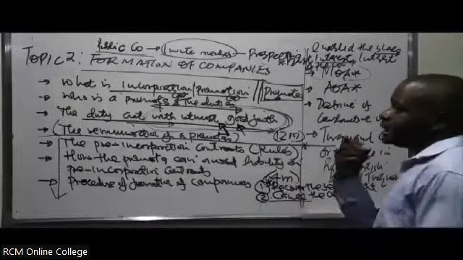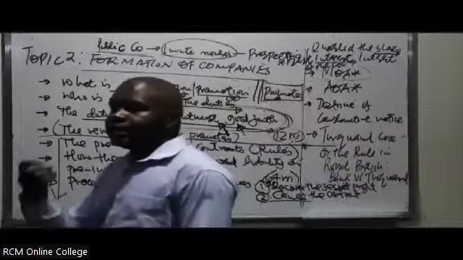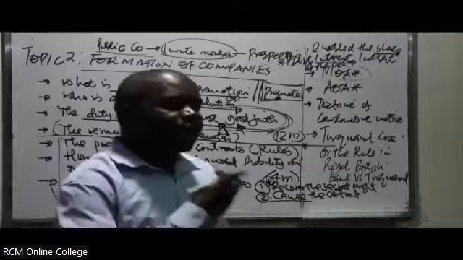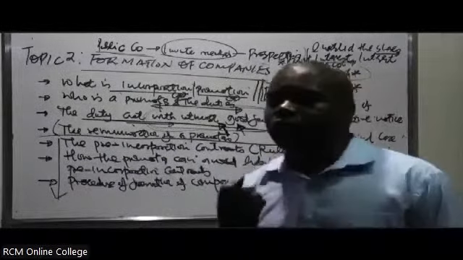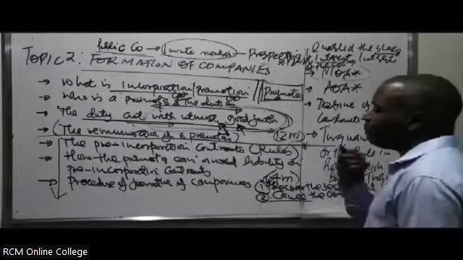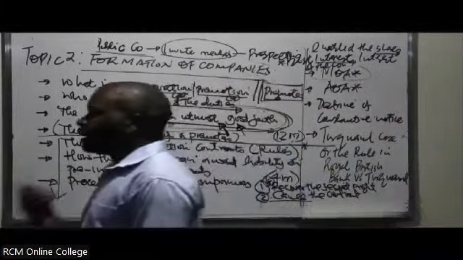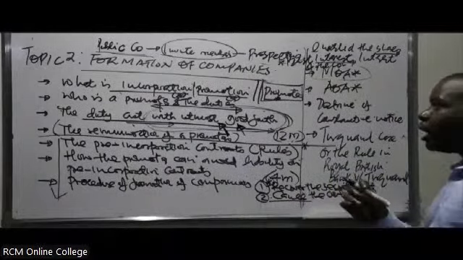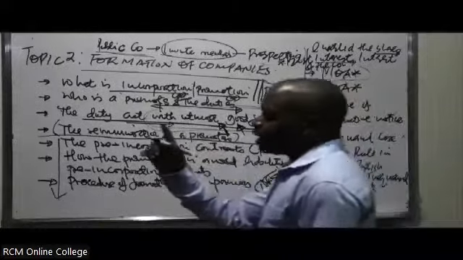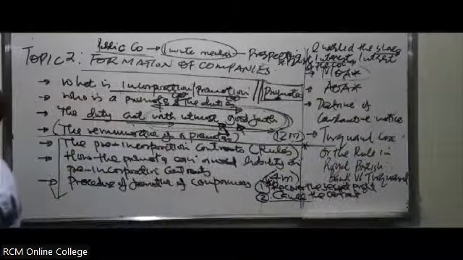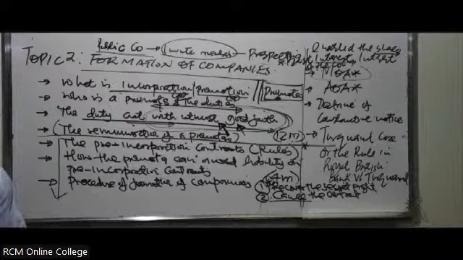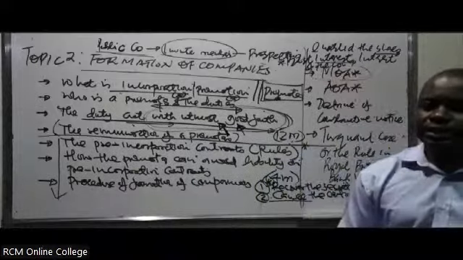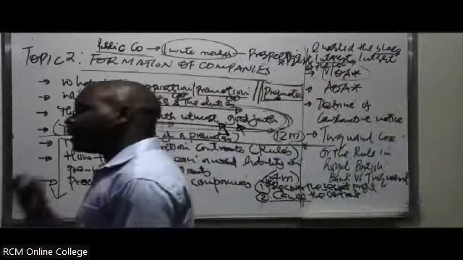A prospectus is a notice or advertisement inviting people to buy the shares of the company. A memorandum is a document explaining more about the company to the outside world. Part of the contents: name clause, registered office clause, objective clause, liability clause.